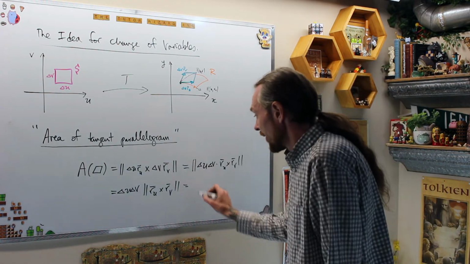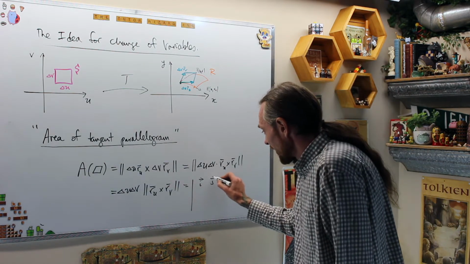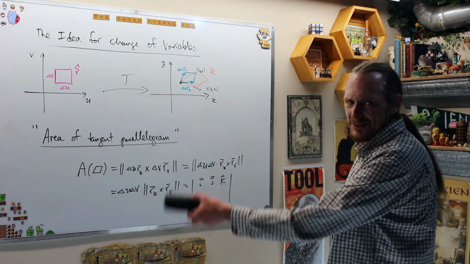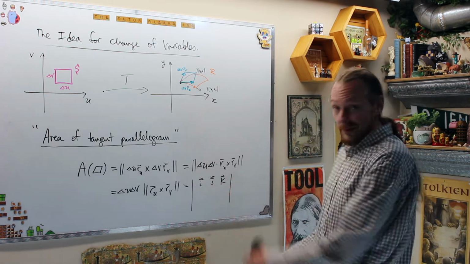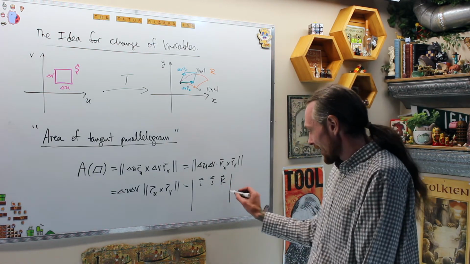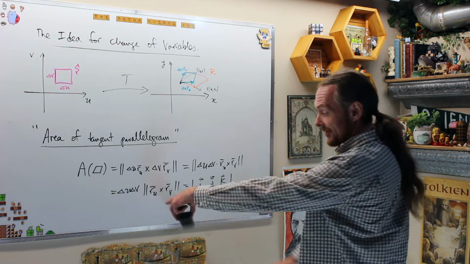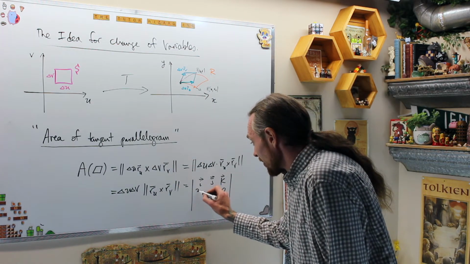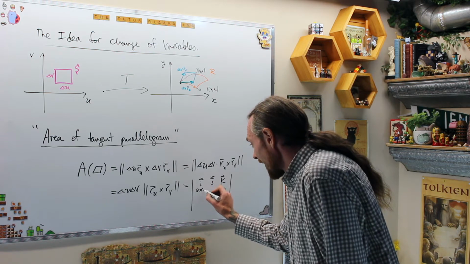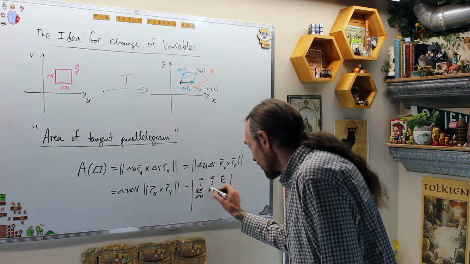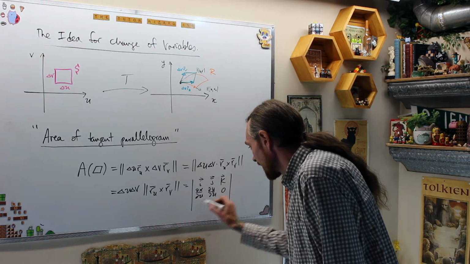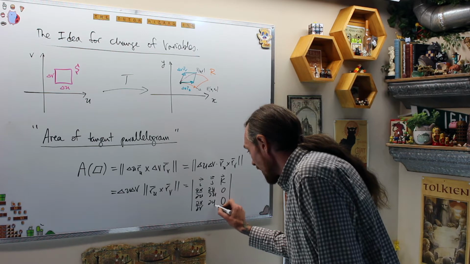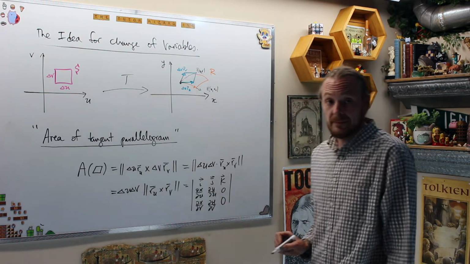This is equal to, now, here's where I'm just jumping it in there, i, j, k, the definition of cross product, not the way physicists do it, but the clever mathematical version, a 3x3 determinant. But to do that, I have to write these with a zero to view them as three-dimensional vectors, not two-dimensional. This gives me the partial of x with respect to u, the partial of y with respect to u. This is the partial of x with respect to v, and the partial of y with respect to v.